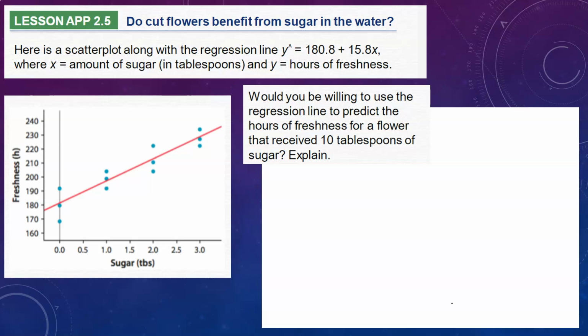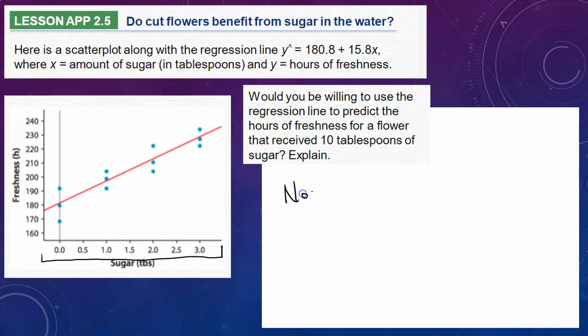Would you be willing to use the regression line to predict the hours of freshness for a flower that received 10 tablespoons of sugar? Explain. So let's look at our x values here and think about this in terms of extrapolation. Go ahead and put your explanation for this down now.